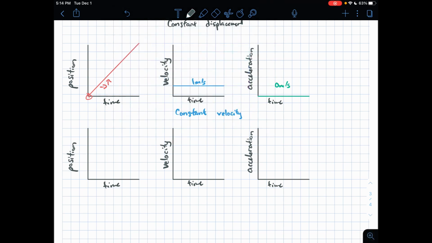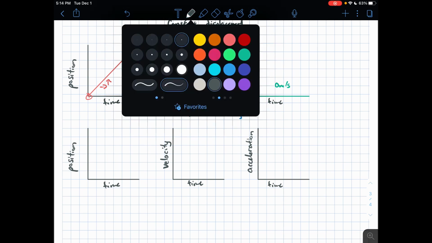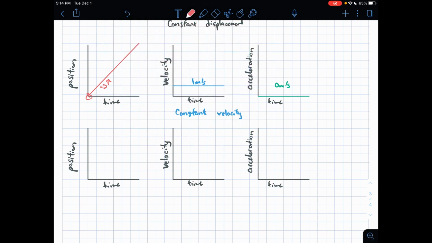So let's talk about some of these equations here. What would the equation for position be? Well, it would actually be displacement equals velocity times time. There are 2 explanations for this. The first one is this triangle here, which if you have taken Science 10, you would have known.